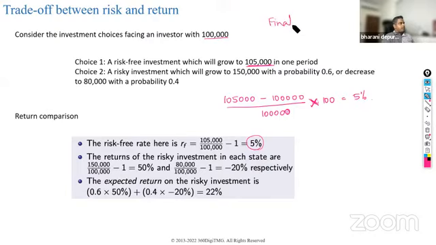Final amount or final value minus initial value, divided by initial value, multiplied by 100. Final value minus initial value by initial value into 100. This will give you the percentage change.